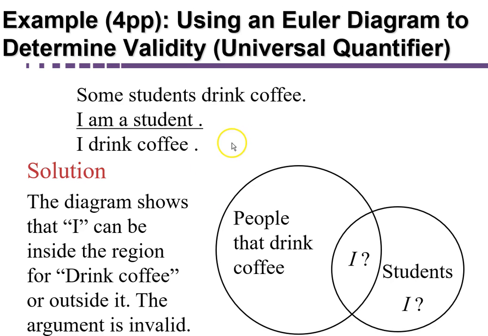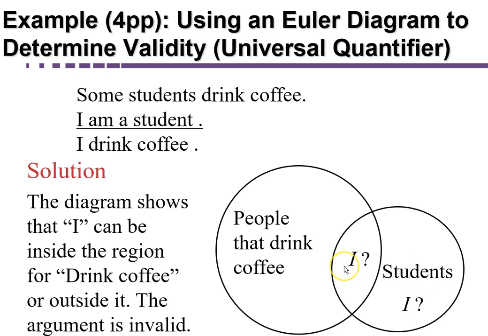Now, you almost have a feeling about this going into it, but let's see what the Euler diagram shows. So our big universe circle would be people that drink coffee. Now, the idea of the existential quantifier some drink coffee takes our circle to include some of the coffee drinkers and some of the non-coffee drinkers.